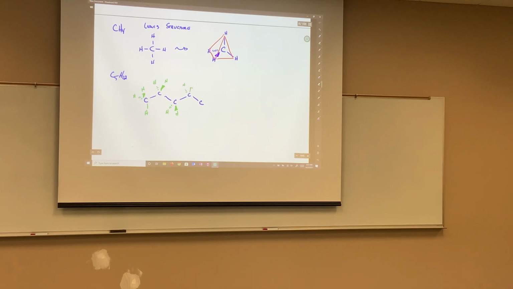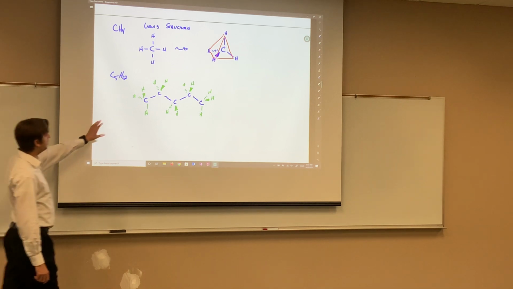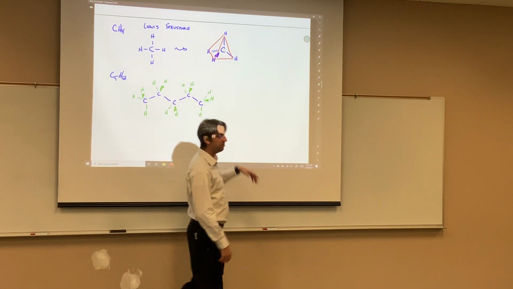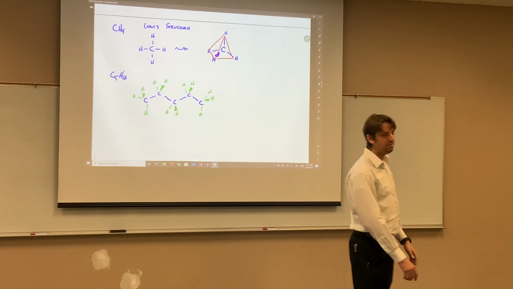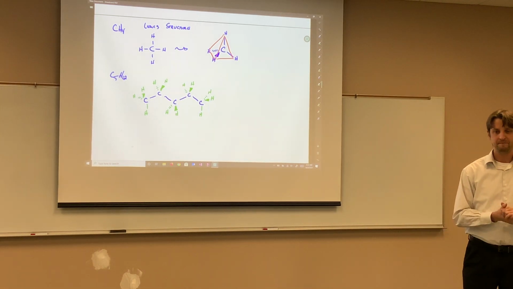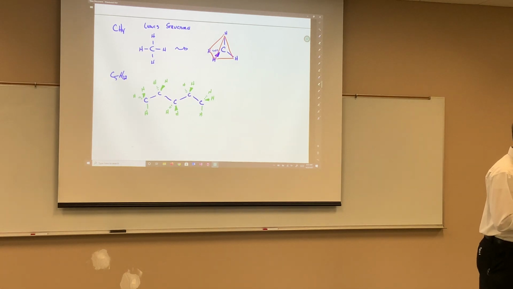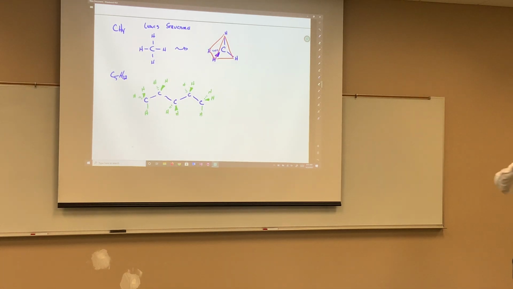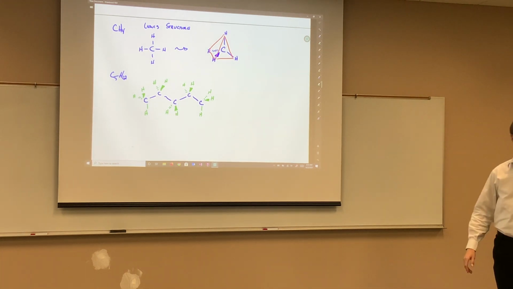So if I was a jerk and asked you guys to go through and draw the complete three-dimensional structure for C5H12, you'd want to represent it completely in three-dimensional shape, with these wedge and dashes. Now we can make life a little bit easier by making all the carbons in the same plane.